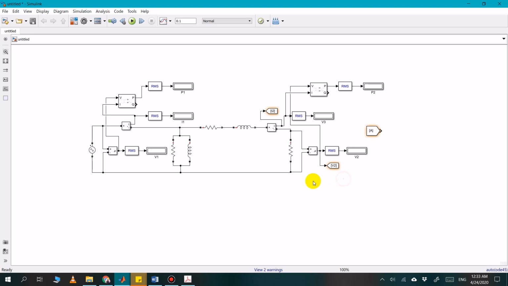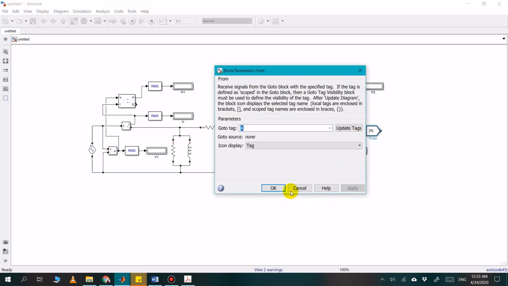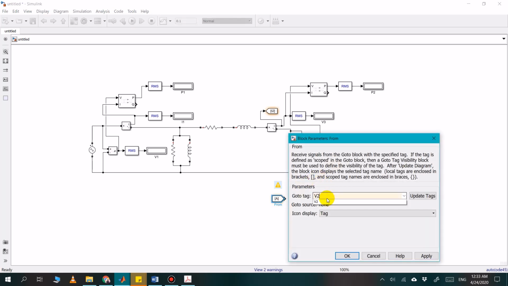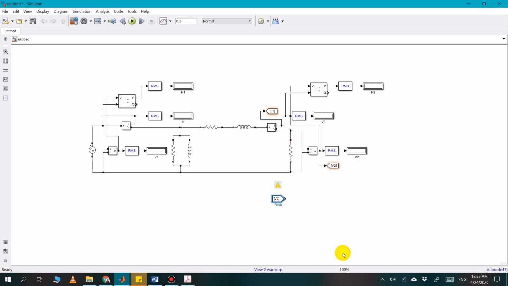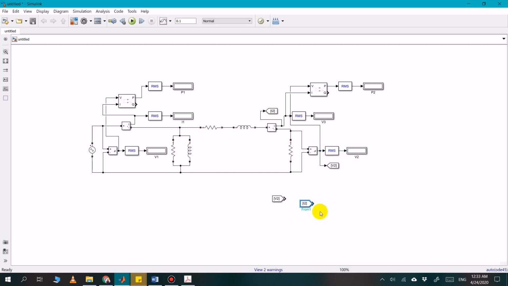That's it. Okay, so we have made this circuit as shown here.